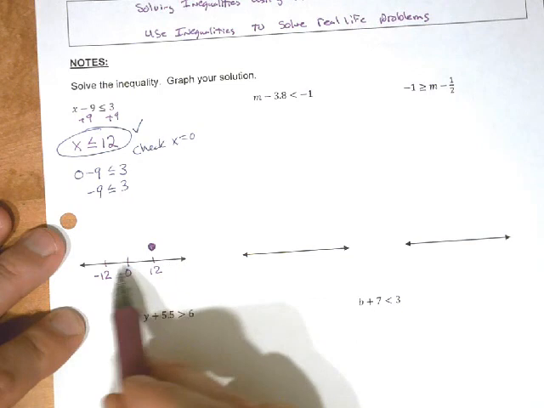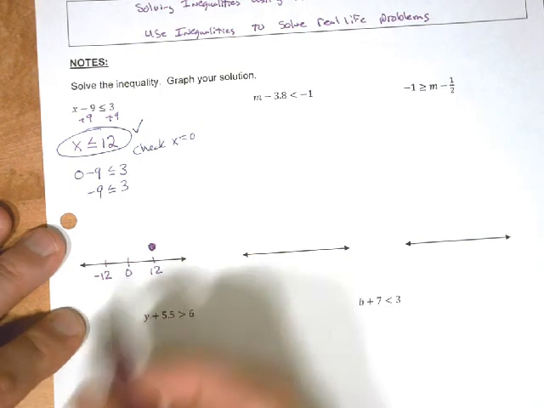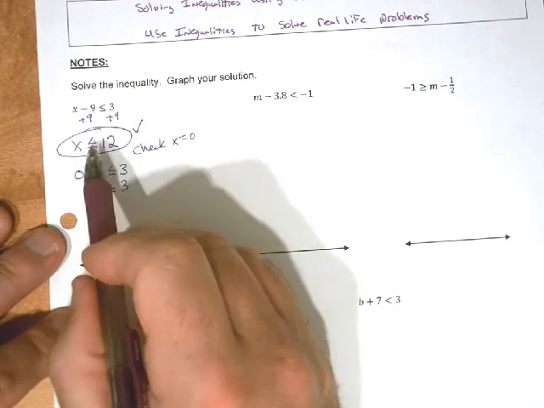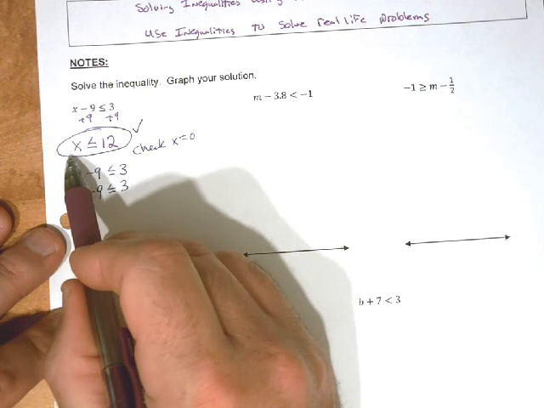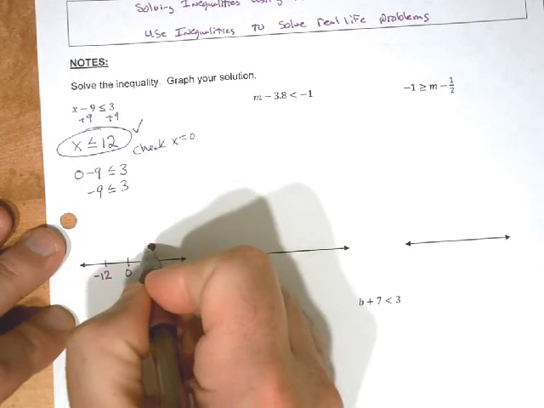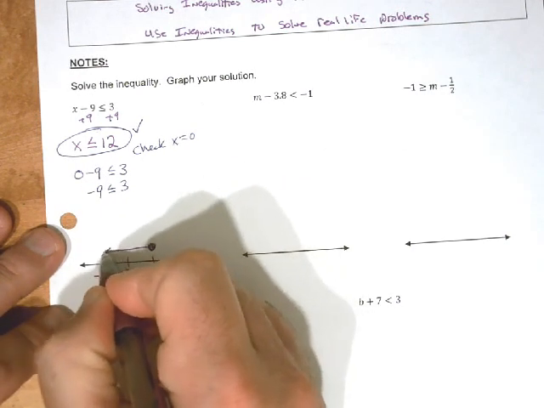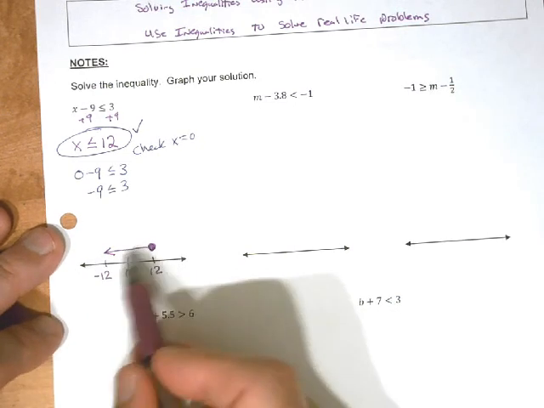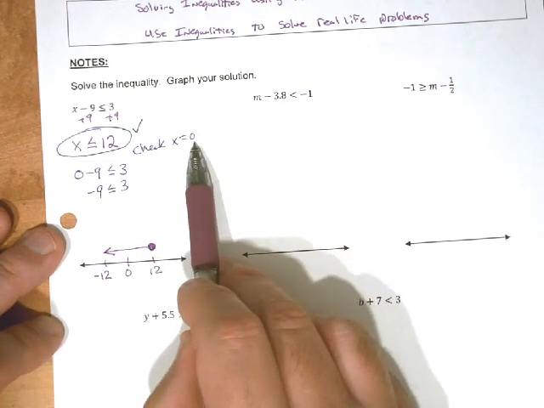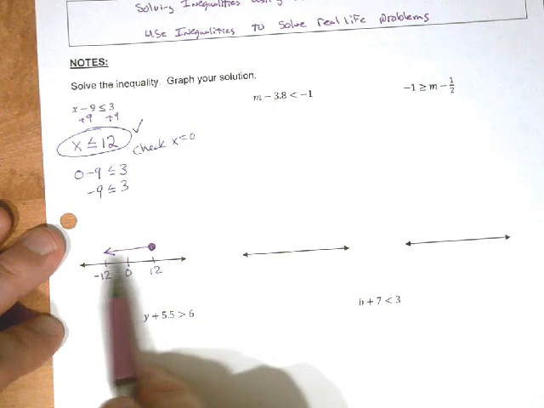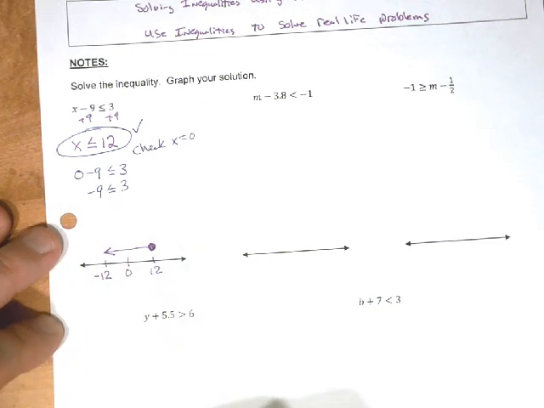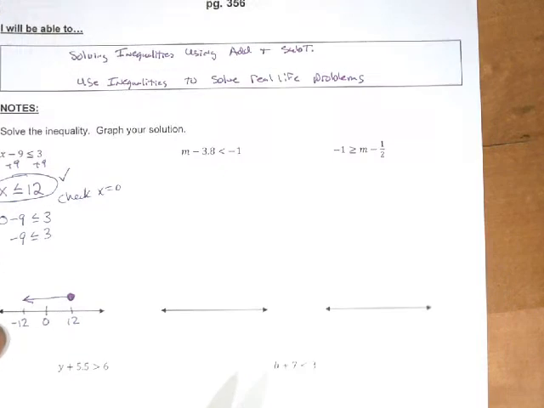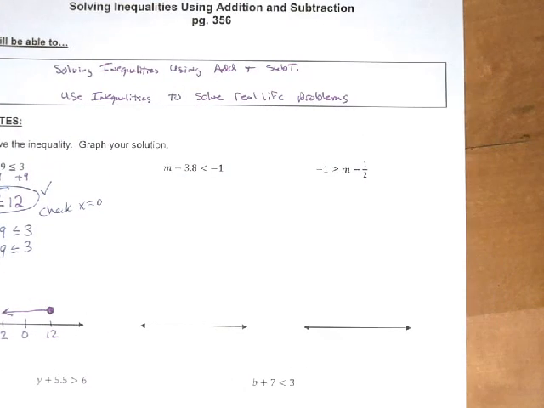In some examples in the past we've done it on the number line, but I like to do it above it. So we have that 12 there. And again, our cheat: as long as our variable is on the left, the arrowhead is already pointing for us. All the answers there. And again, just check. 0 is my check. That's a part of my shaded area going this direction. So we're all good. Moving on to the next one.